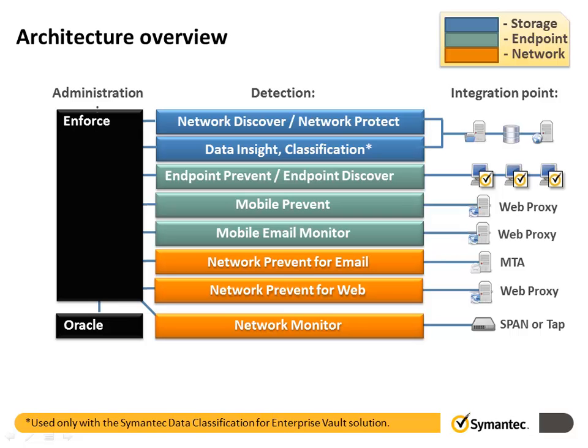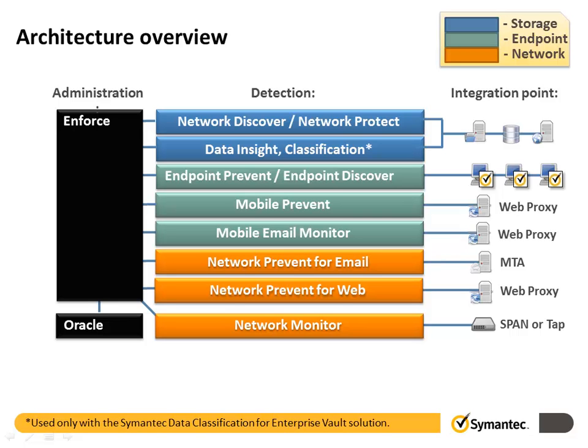Endpoint Prevent gives us real-time monitoring of user activity on the endpoint machines, and Endpoint Discover gives us the ability to scan the local drives on the endpoint for files which contain sensitive information. Endpoint Discover can also quarantine files which contain sensitive information from the endpoint.